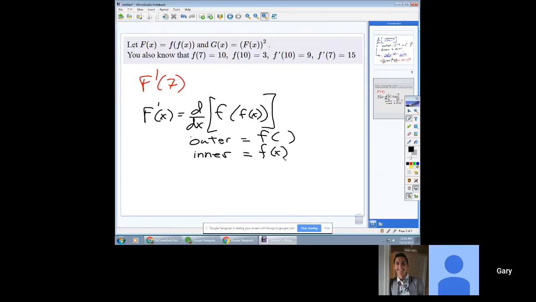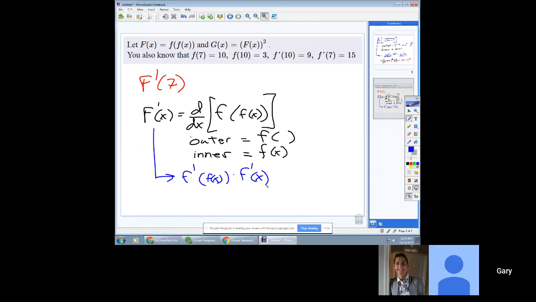So when we put all that together for the derivative, we're going to get the derivative of the outer function, which is f prime of whatever. And then we plug the inner function back in, which is just f of x. And then we have to multiply by the derivative of the inner function, which is f prime of x. Right. Function composition, outer times the inner derivatives.